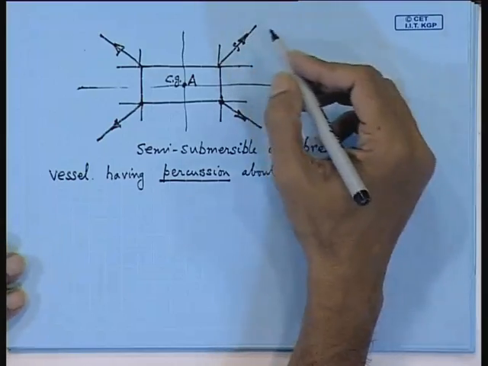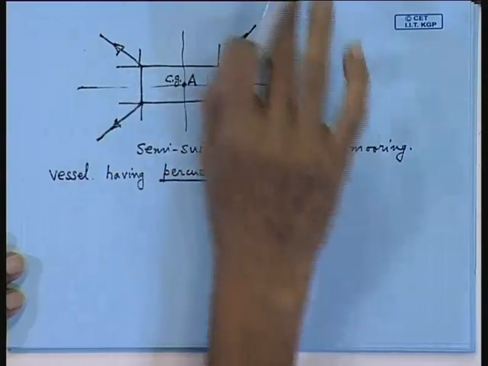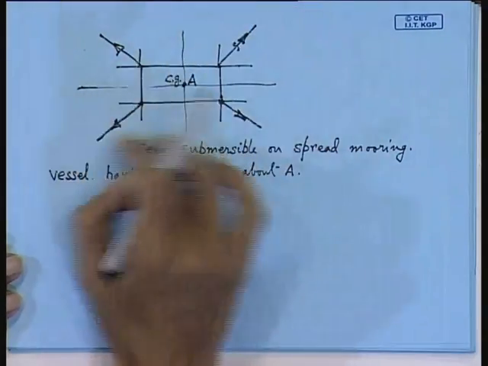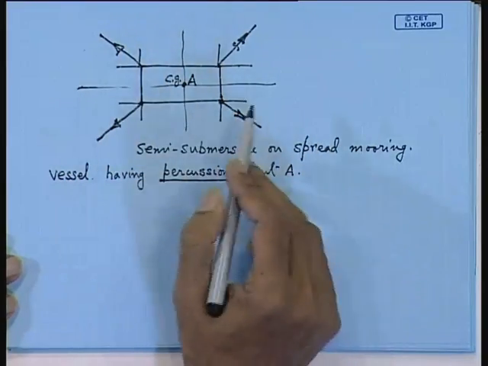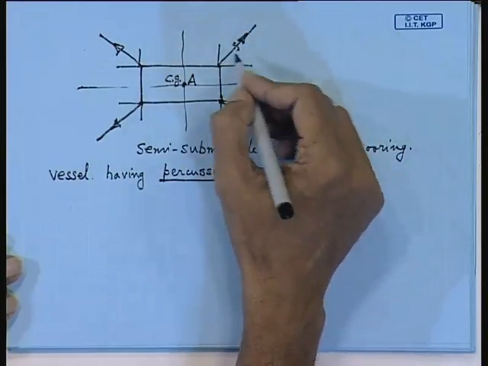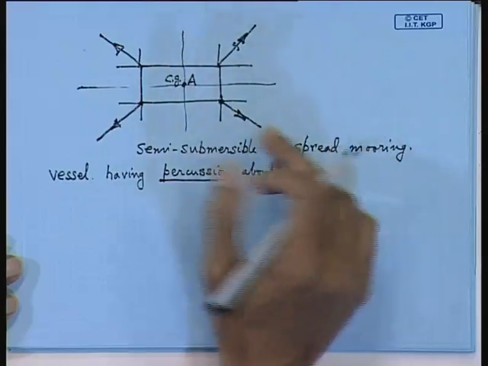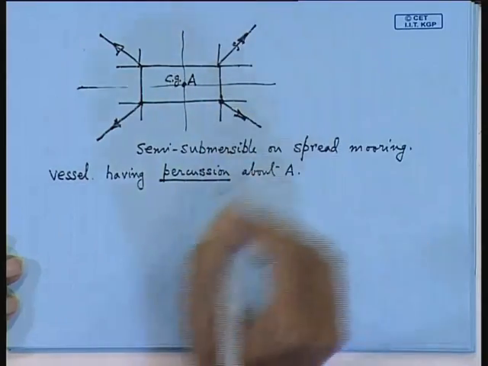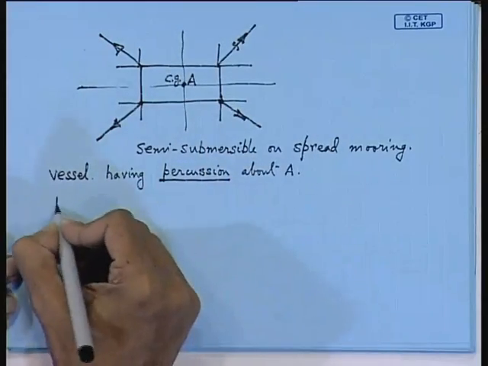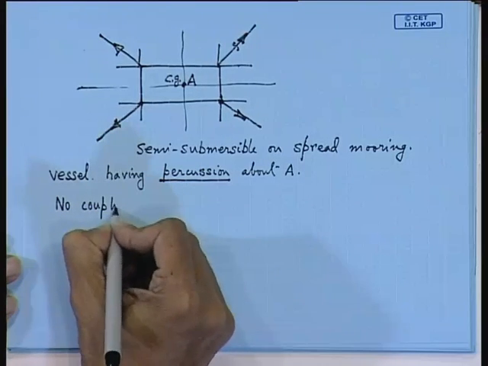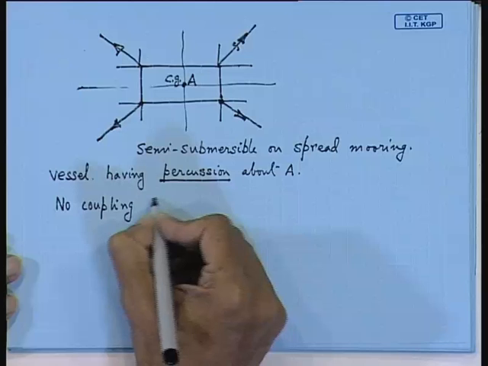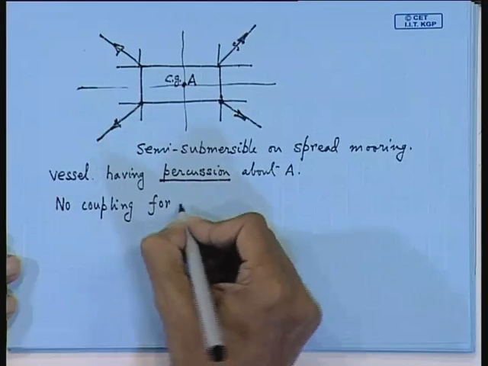So now you have to find out the forces on the other lines, calculate the maximum forces on the other lines. There you will have a lot of coupling terms, because the anchor lines are not symmetric. So you will find no coupling for symmetric anchor lines.